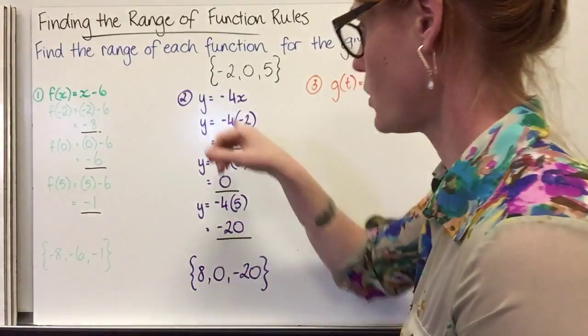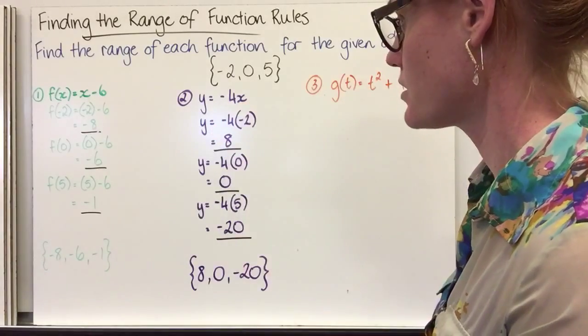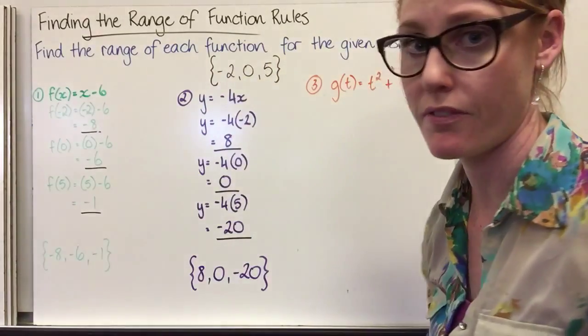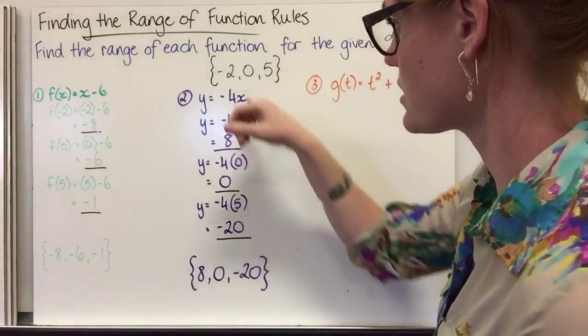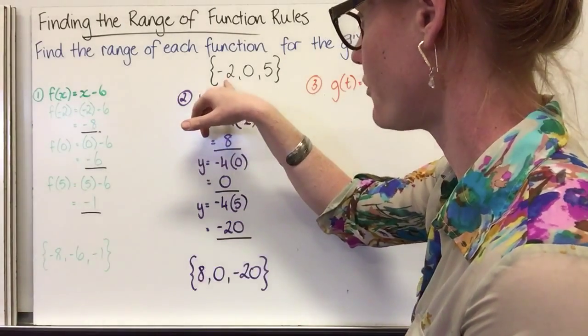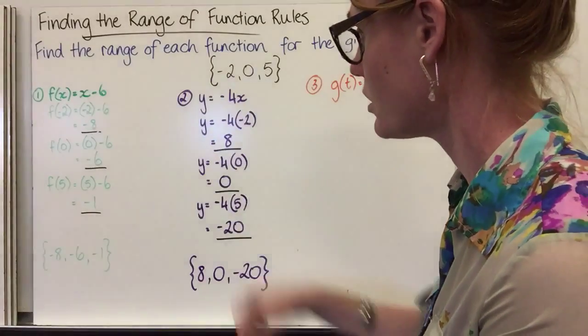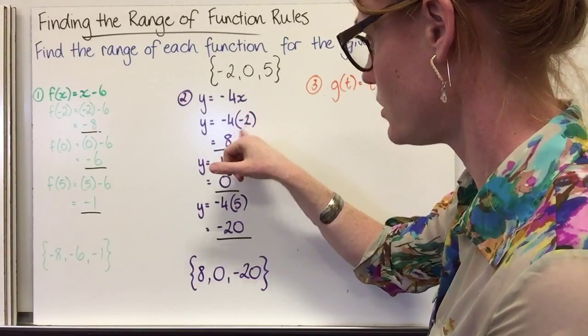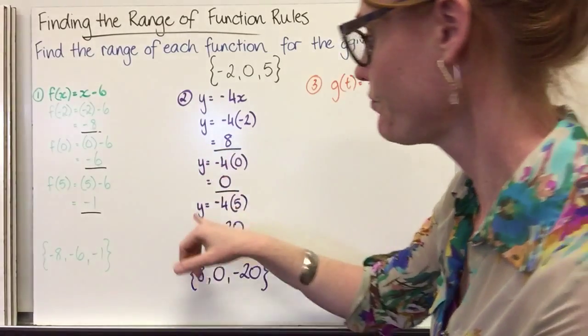Let's have a look at number 2. y equals negative 4x. So using this function and this given domain, we're going to find the range values. So let's plug in our first domain value, which is negative 2. y equals negative 4 times negative 2, which equals 8.